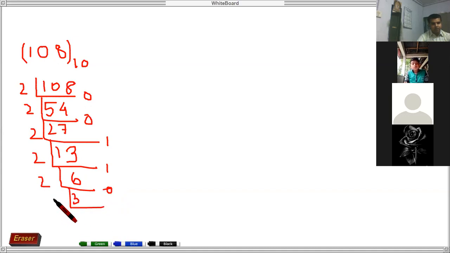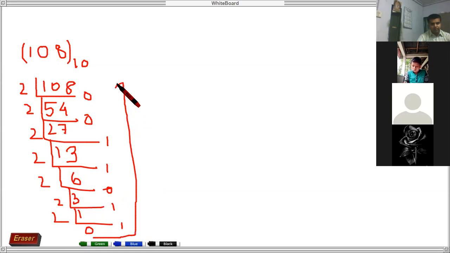Then you have 2 1s are 2. Remainder 1. And then 2 zeros are 0. Remainder 1.